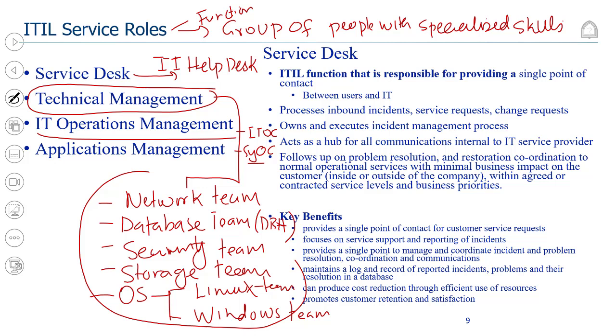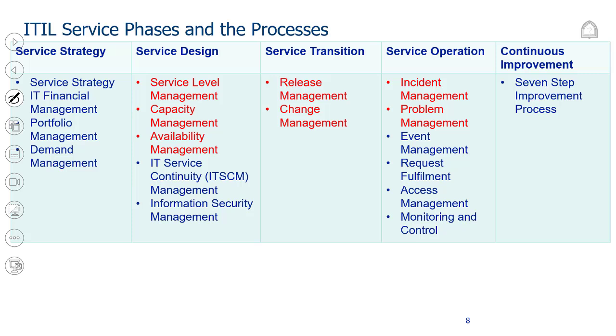Okay, now let's go back here. Now we know the roles. Roles are those groups of people that will be doing the things for us and helping us resolve the issues. Now we come back to the phases that somebody was asking. We have 5 phases, and I've listed them in chronological order.